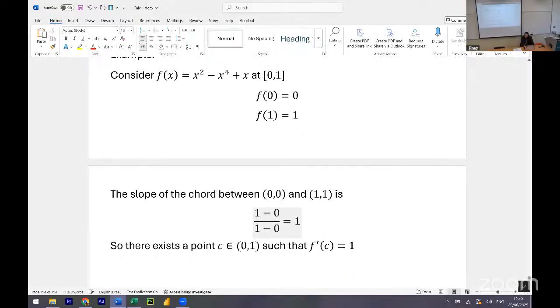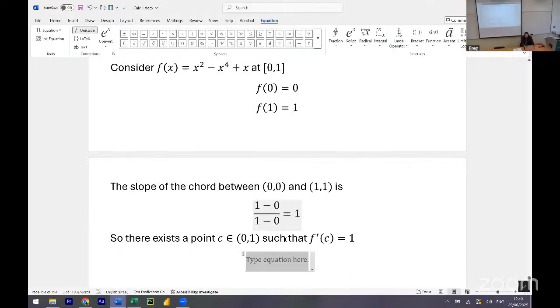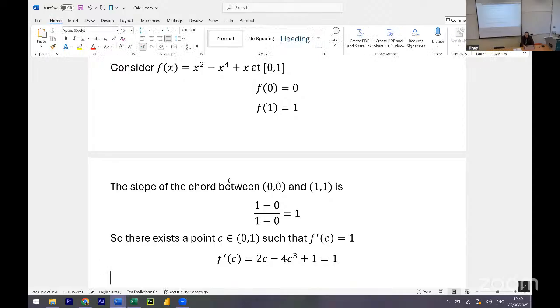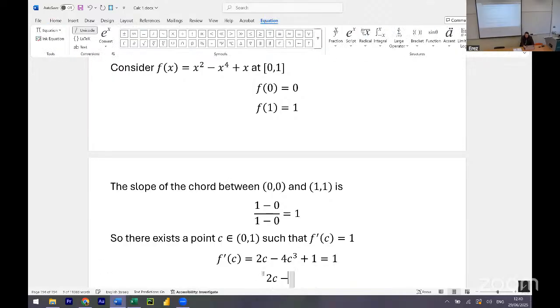Now let's calculate it. Oh, I think it's a third degree polynomial. I'll use Wolfram to actually calculate it. Okay, so f prime of c is 2c minus 4c cubed plus 1. We wish it to be equal to 1, so it won't be that horrible. That means that 2c minus 4c cubed equals 0.